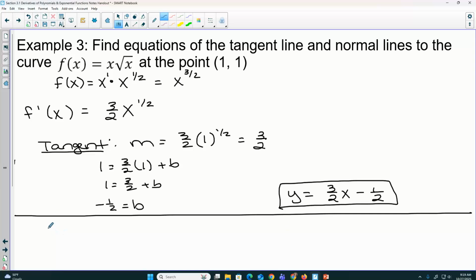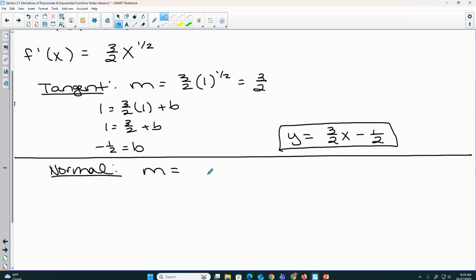The normal line. We know this is perpendicular to the tangent line. So if the tangent line had a slope of 3/2, what's the slope of my normal line? -2/3. Flip it and change the sign. Our point is still (1, 1), so plug into y equals mx plus b.